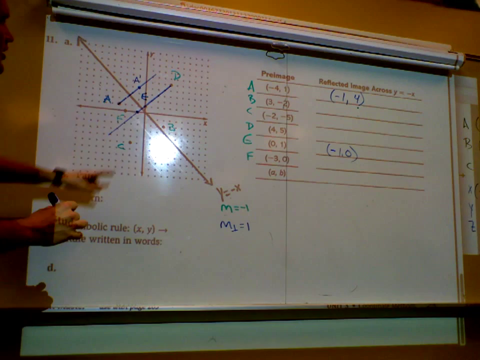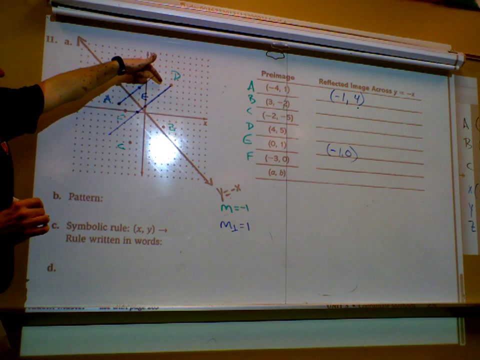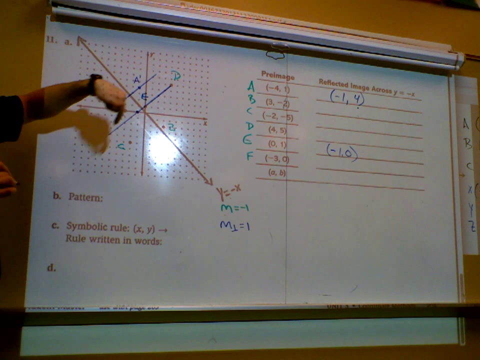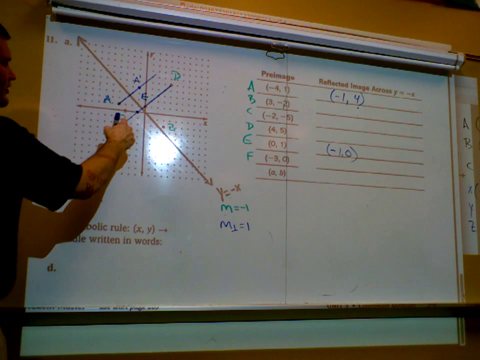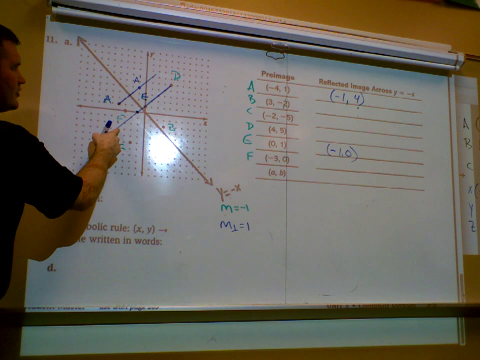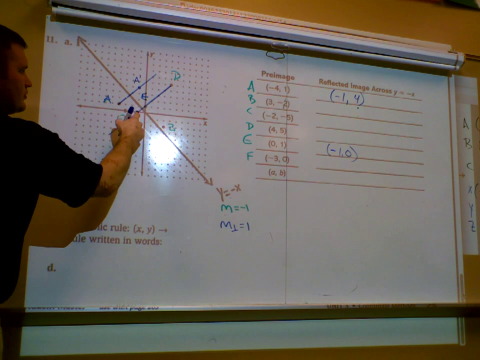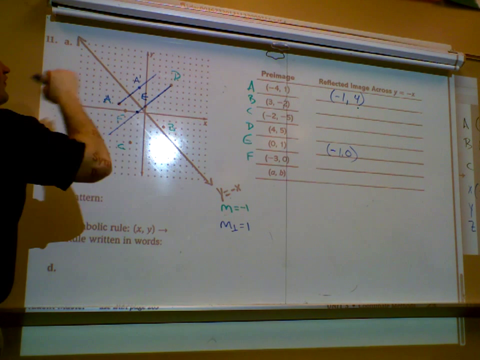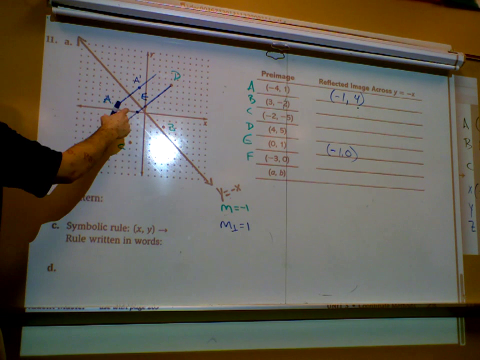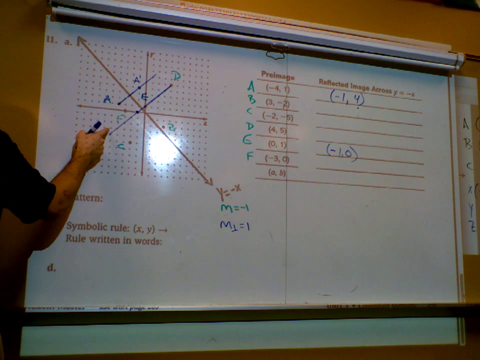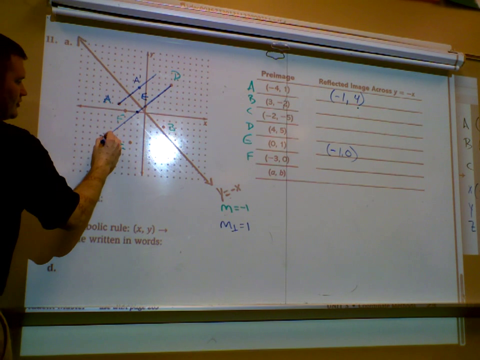Okay. D is right here. D is 1, 2, 3, 4 dots off the line, right? Oh, D's 5. I miscounted. Okay. 1, 2, 3, 4, 5 dots away, right? I think I caught myself.